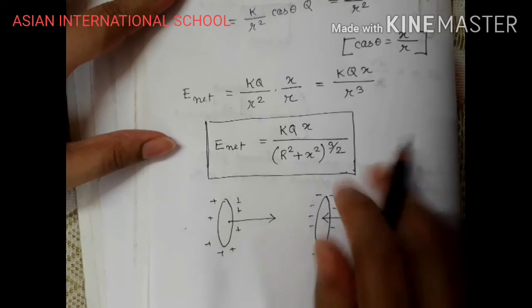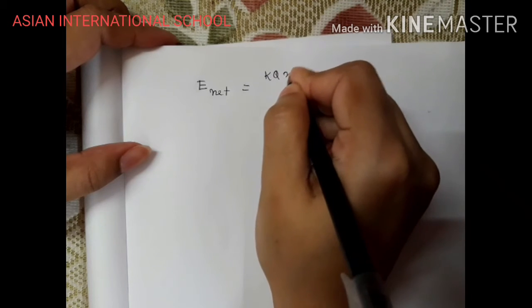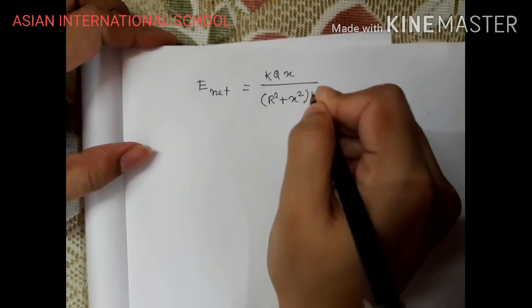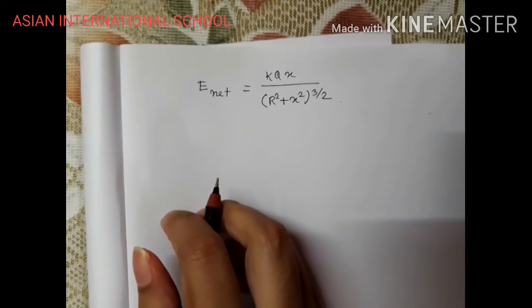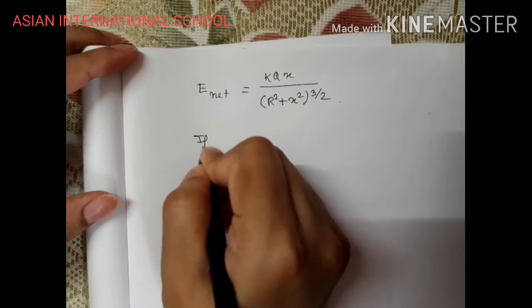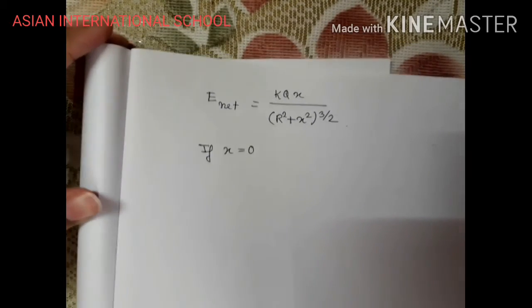Now let us see a few conditions. I am getting E net as k q x over r square plus x square to the power 3 by 2. So if x is 0, what does that mean?